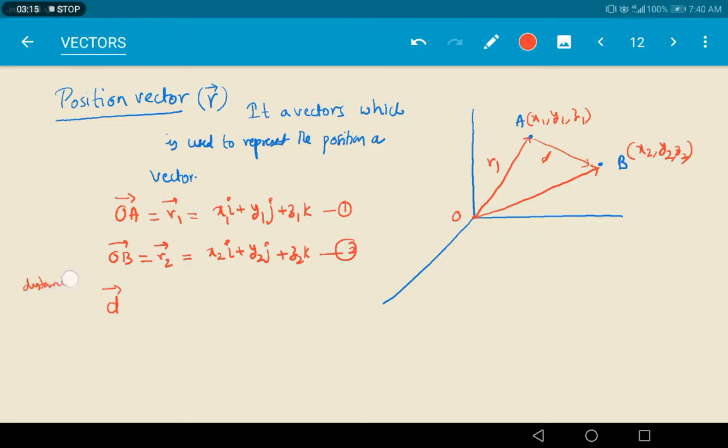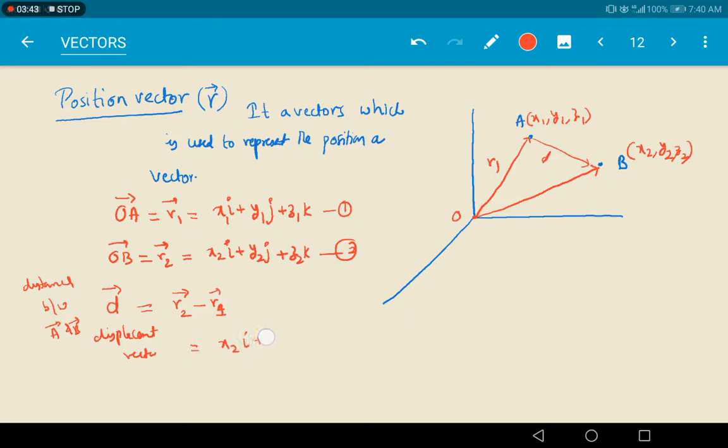The distance between A bar and B bar is also known as the displacement vector. The displacement vector is the final position vector minus the initial position vector, R2 bar minus R1 bar.